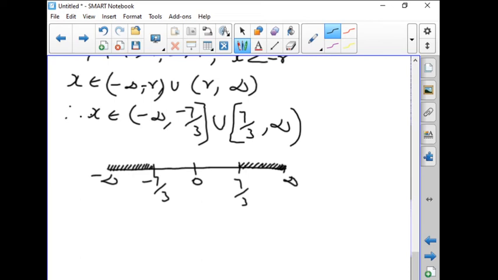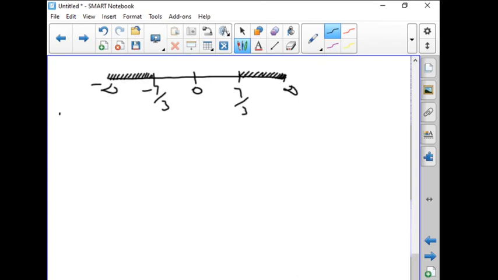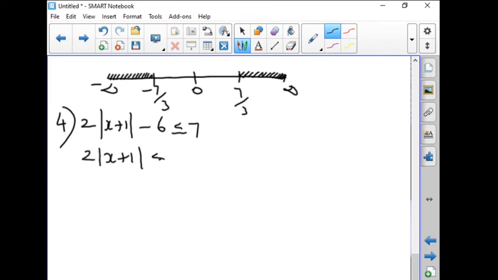Okay, now we'll go to the next question, question number 4. Solve 2 into modulus of x plus 1 minus 6 less than or equal to 7 and graph the solution set in a number line. So this is 2 into modulus of x plus 1 less than or equal to 7 plus 6.